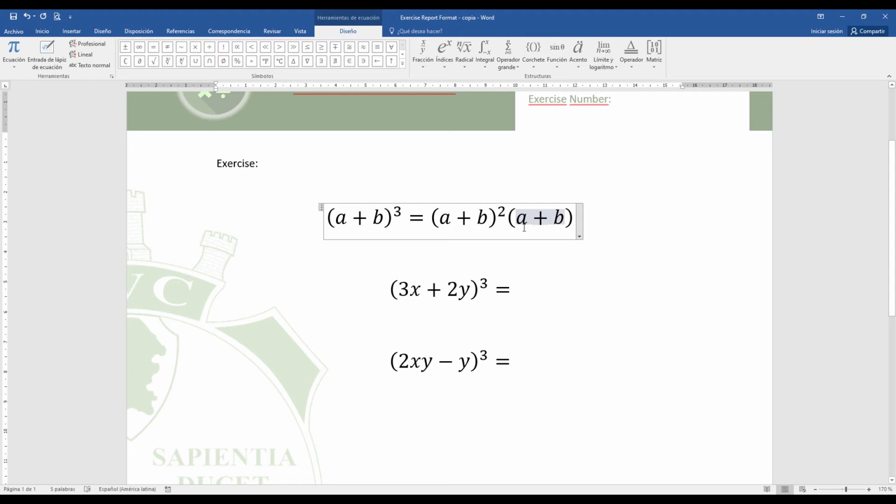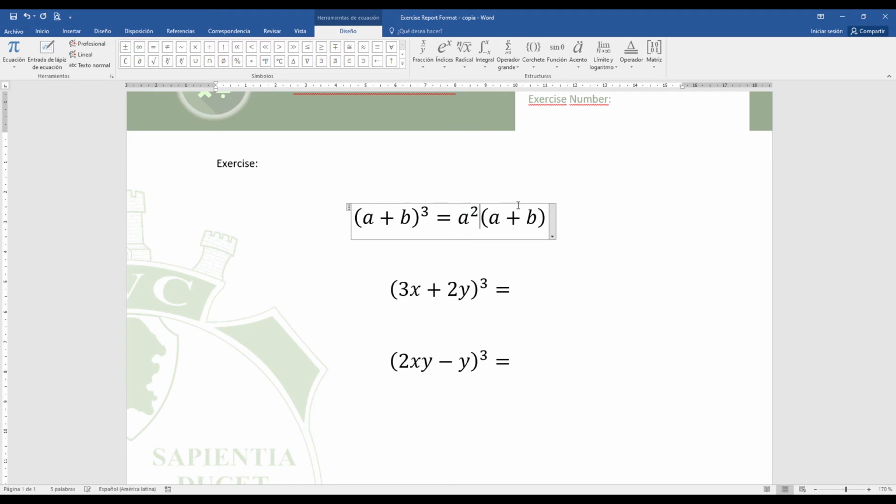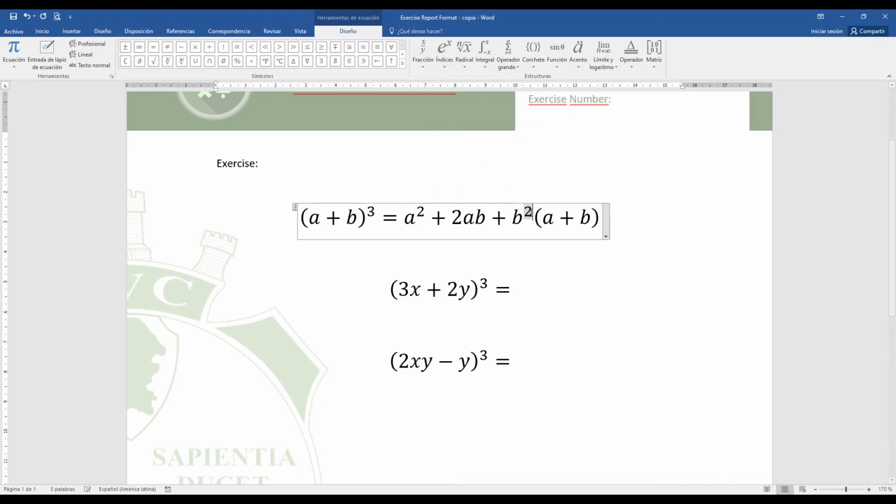We watched that topic, so I can replace it here by a squared plus 2ab plus b squared. So you now need to multiply that.